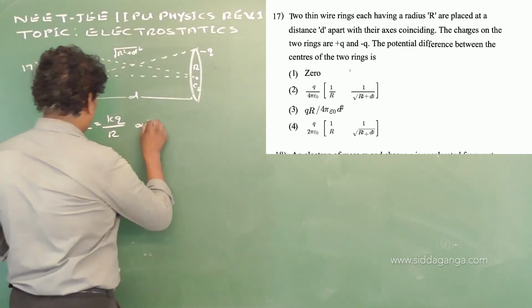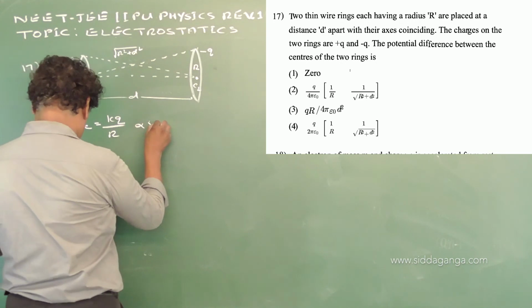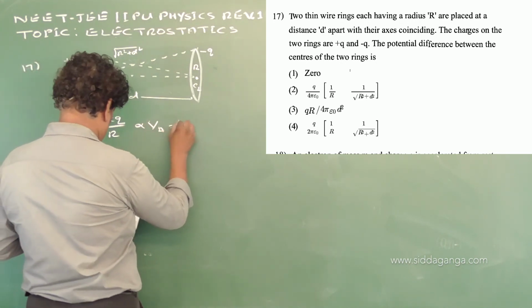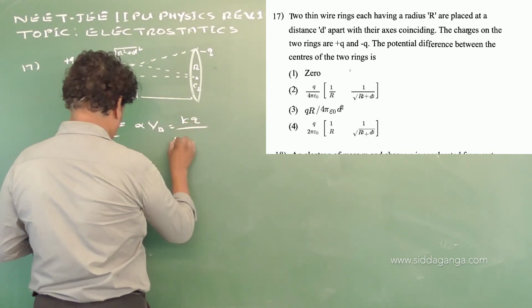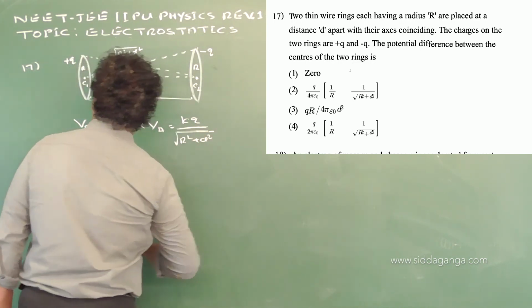Now the electric potential, not field, on the axis is equal to k q by square root of r square plus d square.